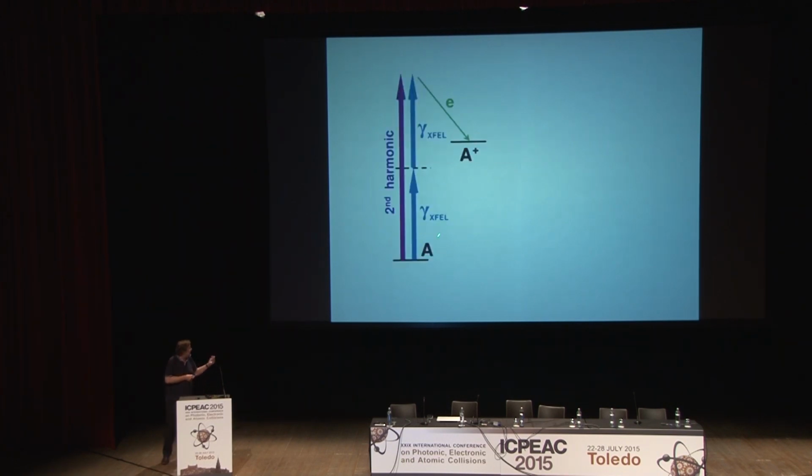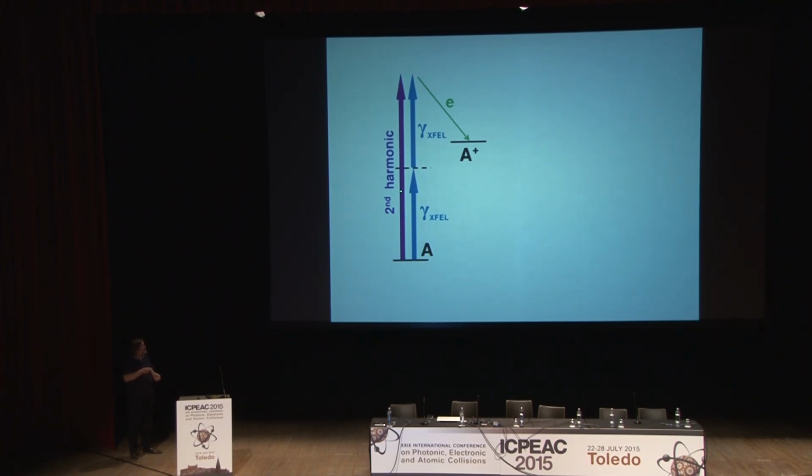What I will consider is, in the dipole approximation, two-photon ionization by a photon from, say, an X-FEL, and its second harmonic, which is naturally present in the radiation. Its contribution is rather small, but this is the first-order process, and this is the second-order process.